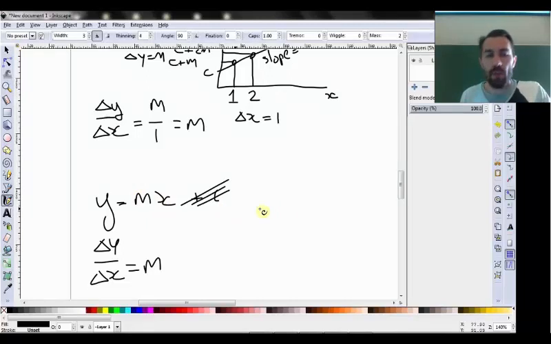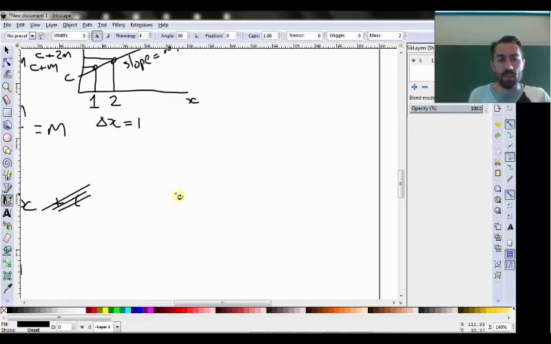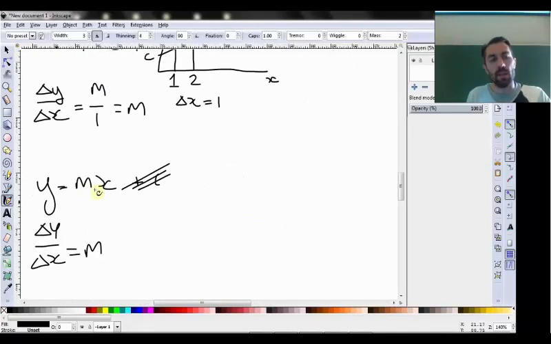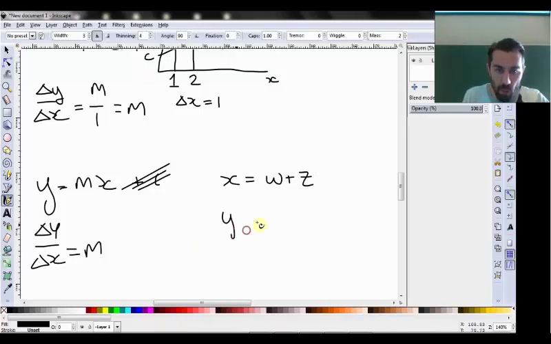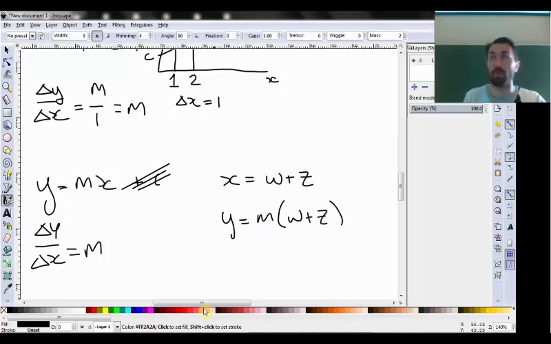Now if I wrote this equation instead of y equals mx, let's say I've got the same equation, but now I want to say x is equal to w plus z. Are you happy now that my equation would be y equals m times (w plus z)? Are we still on the same page?